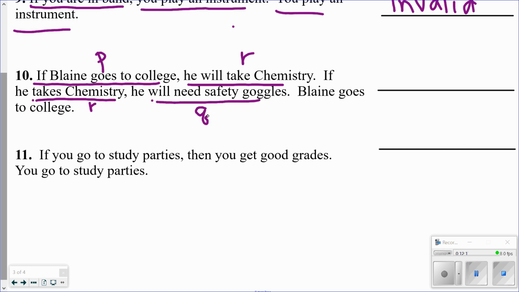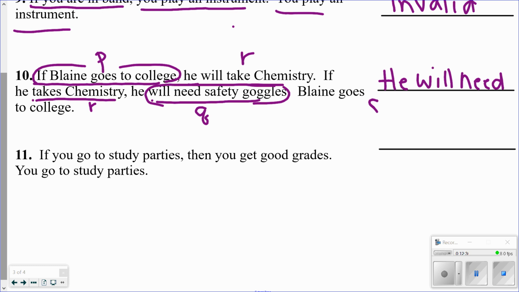That is Q. So therefore, if Blaine goes to college, he will need safety goggles. Sorry, the Q. And once again, that would be the law of syllogism.